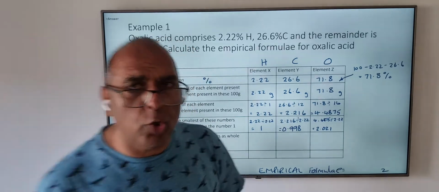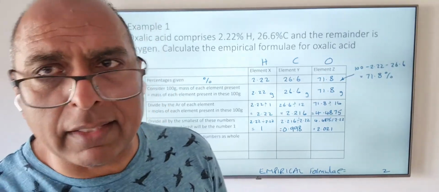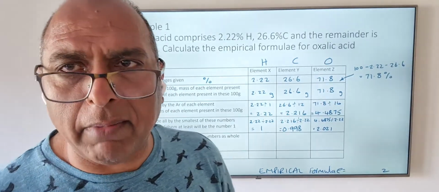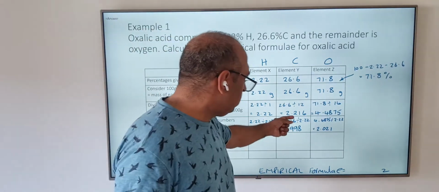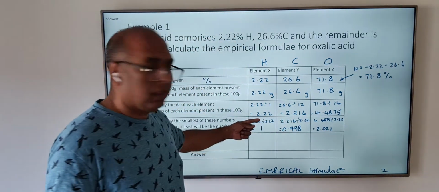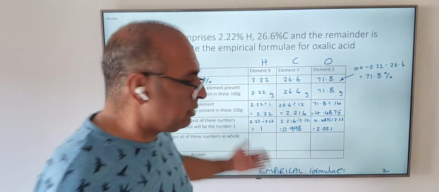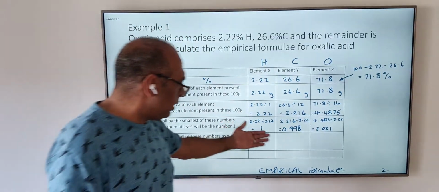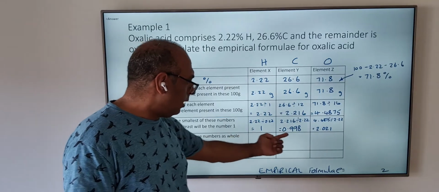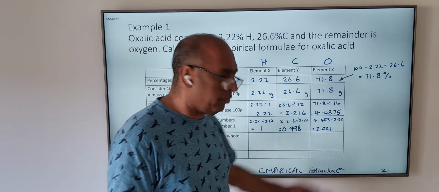I've divided by 2.22, thinking that was the smallest. So it's a mistake on my part, but 2.216 and 2.22 are almost the same. So the answers you come out with are 1, and that's 1 and 2.